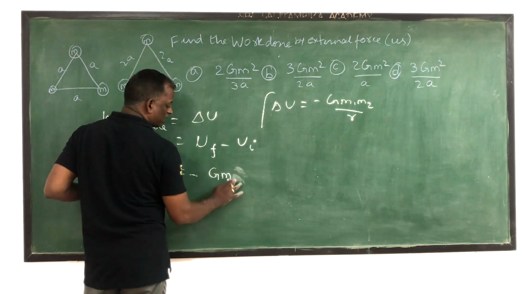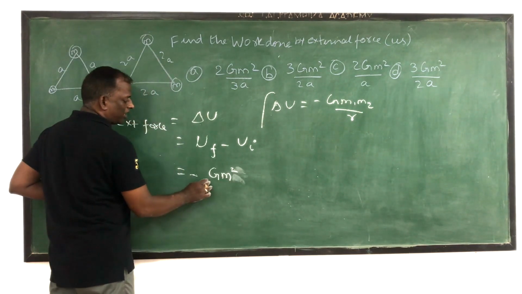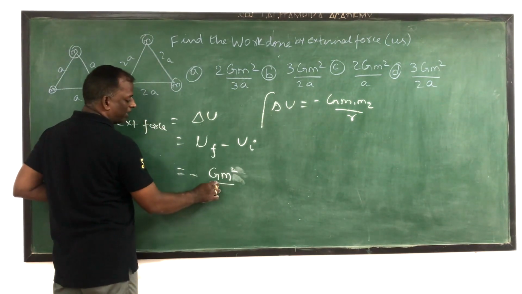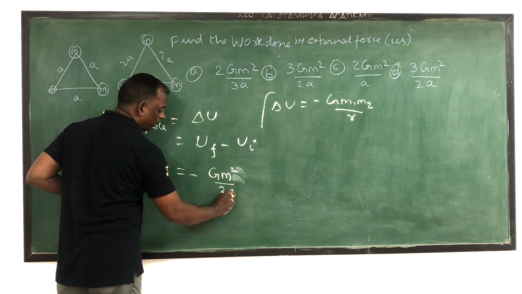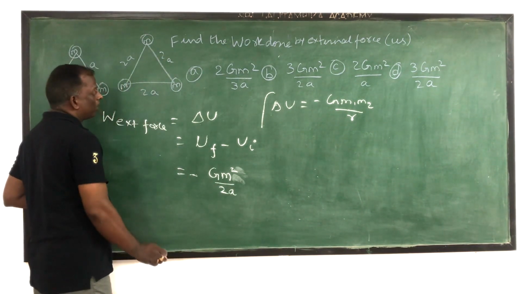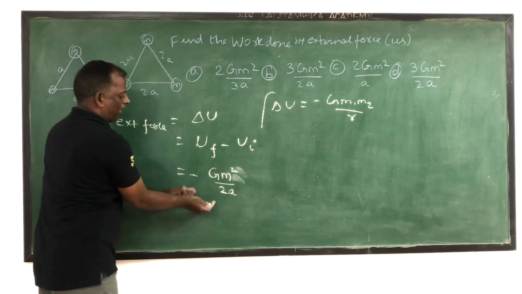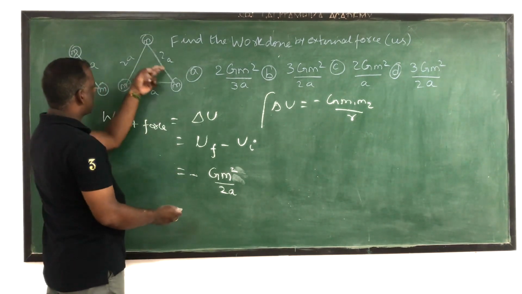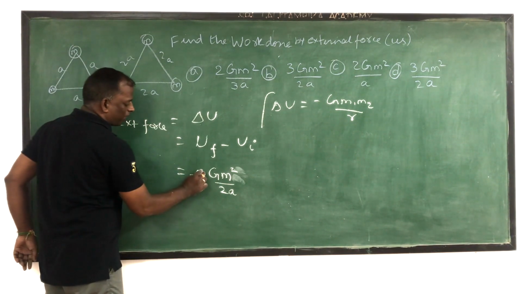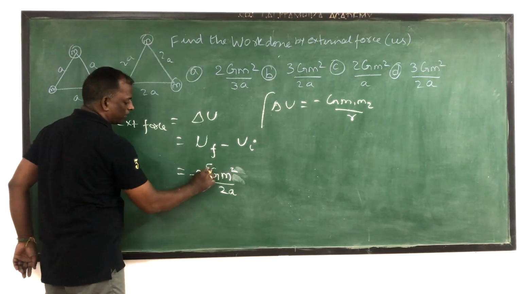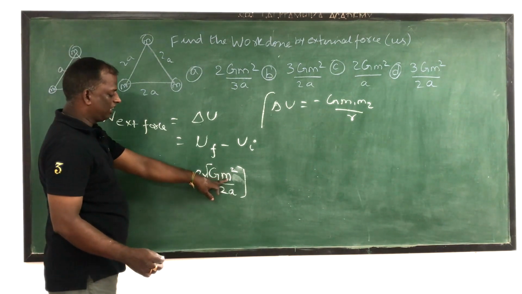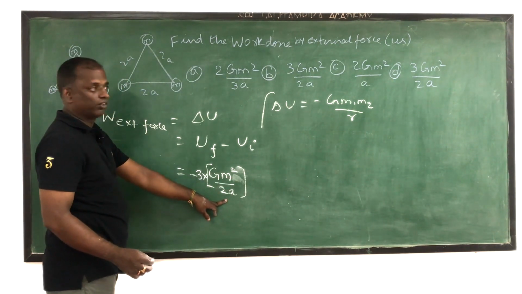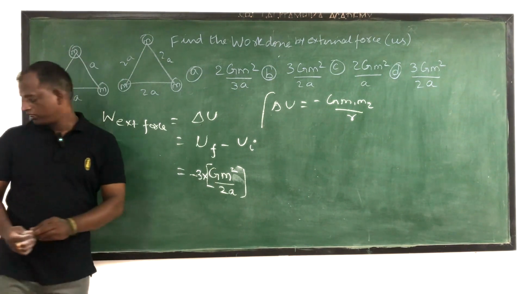In the final இருக்கிற வேல்யூ it is 2a, இது ஒரு மாஸ்க்கு இந்த வேல்யூ. அப்ப மூணு மாஸ் இருக்குது, so we can multiply with 3. புரியுதா? ஒரே ஒரு மாஸ்க்கு நம்ம G m1 m2 by 2a எழுதலாம். உங்களுக்கு புரியுதா, நான் திரும்ப ஒரு ஸ்டெப் எழுதுறேன்.